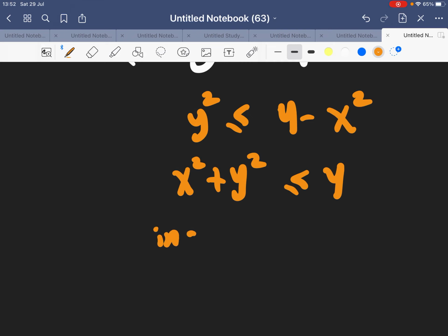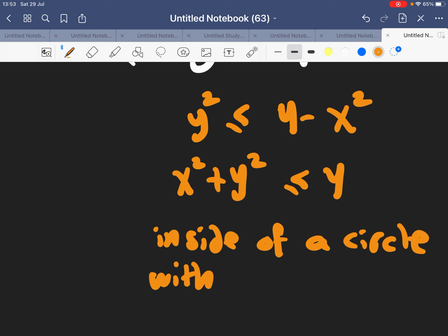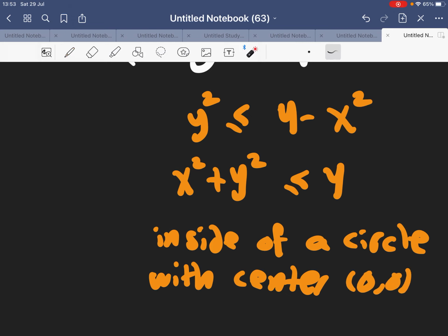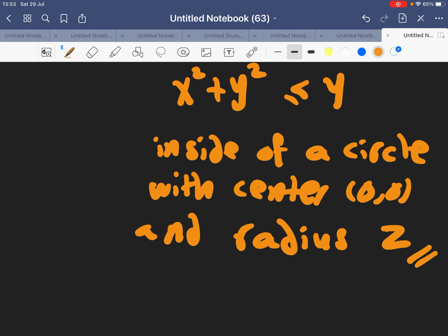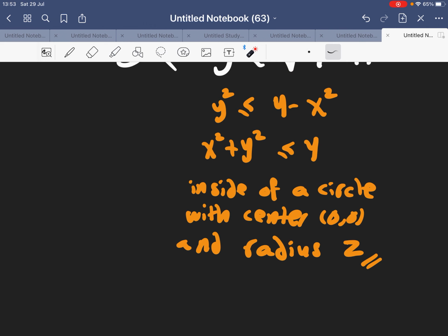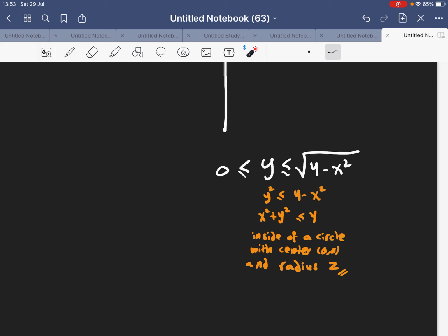This is the inside of a circle with center 0, 0, because there is nothing with x and y, and radius 2, because square root of 4 is 2.